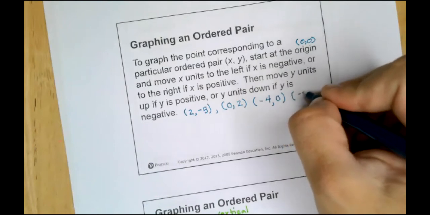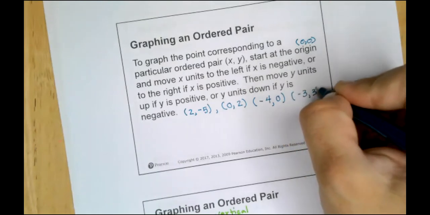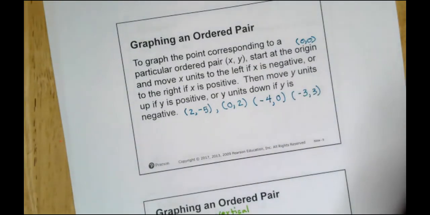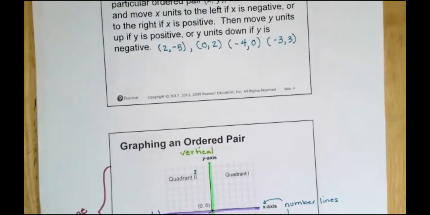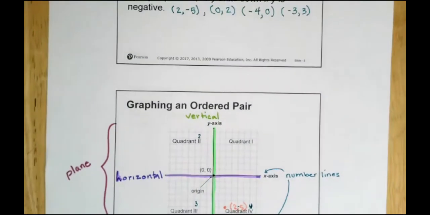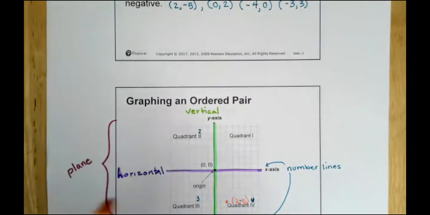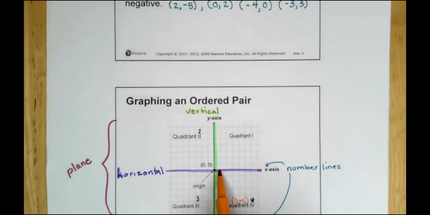And (-3, 3). Okay. So if I want to graph these, I always start at the origin.